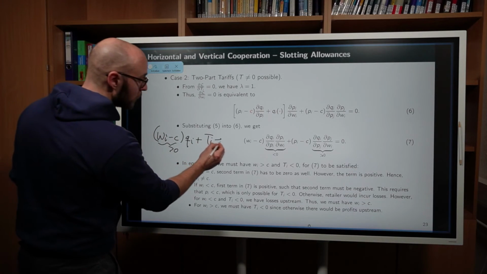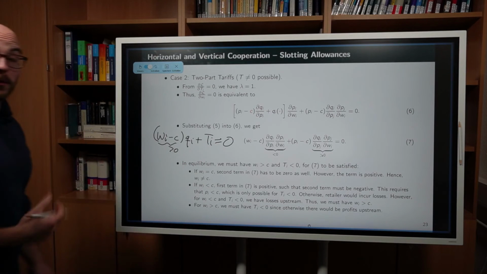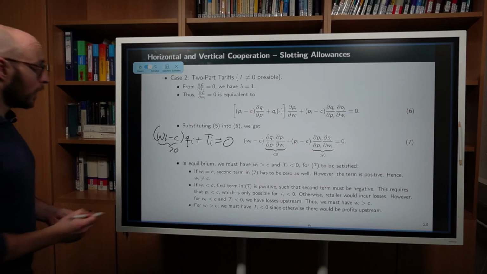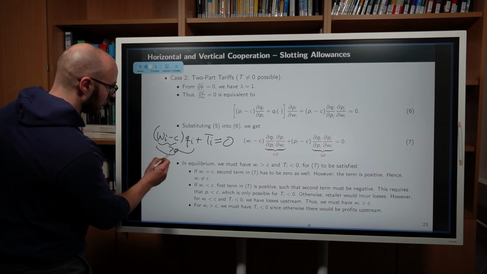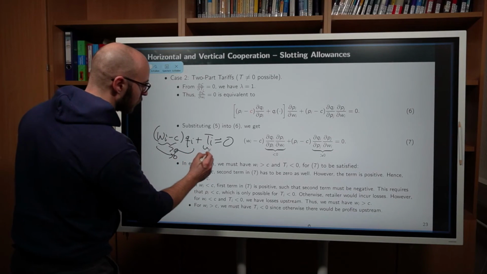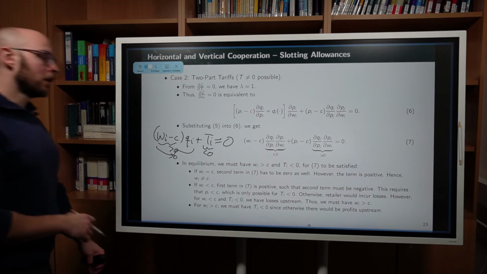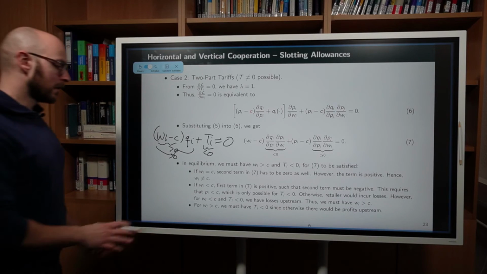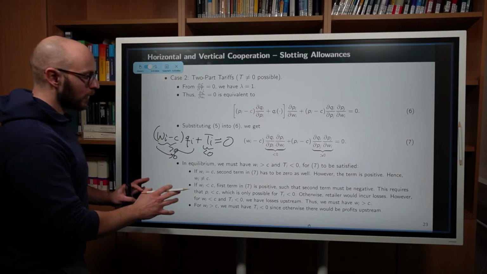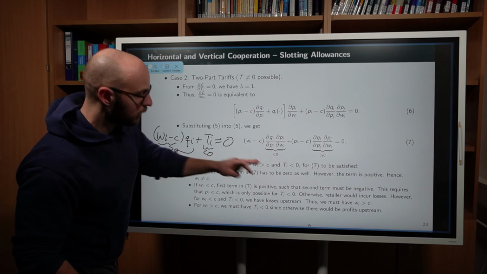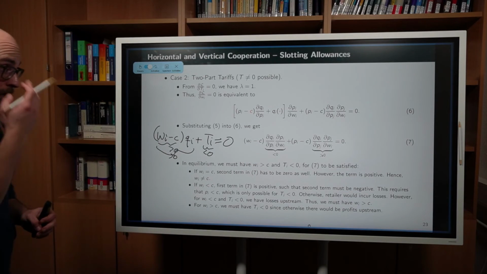But in equilibrium, we need to have upstream profits equal to 0 because we have perfect competition. So if this term here is positive in equilibrium, then this term needs to be negative. So what this means is that in equilibrium, we will have a contract where the wholesale price exceeds marginal cost.